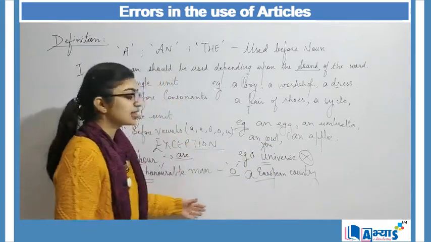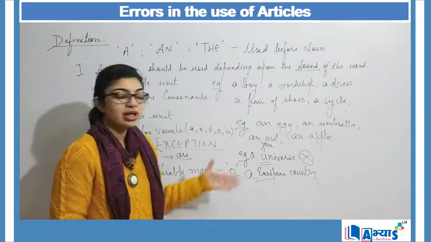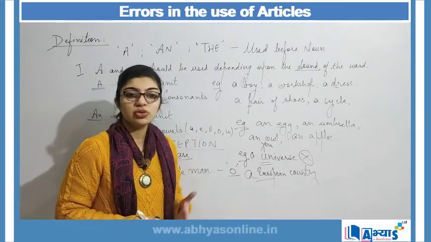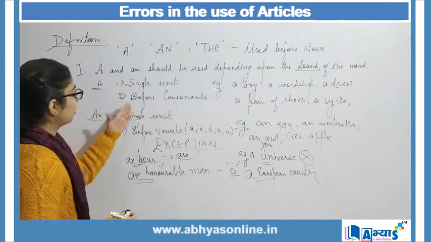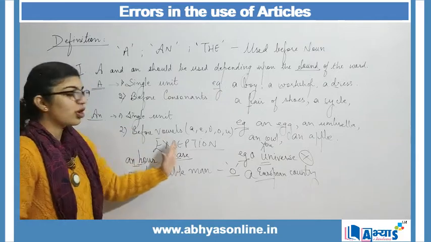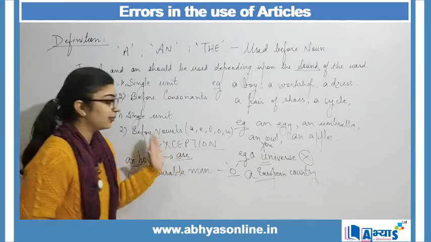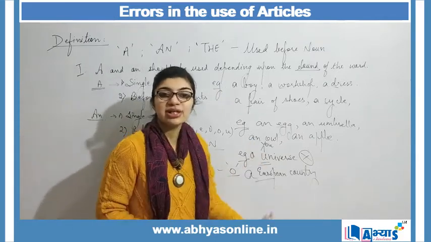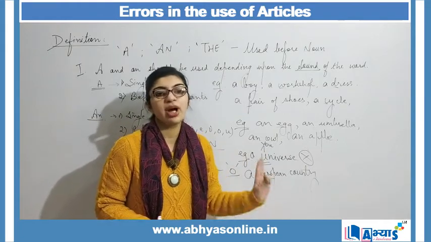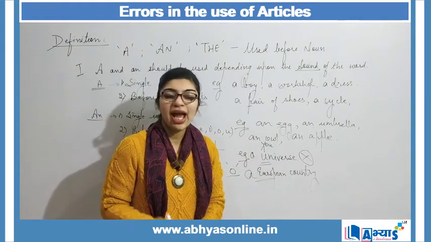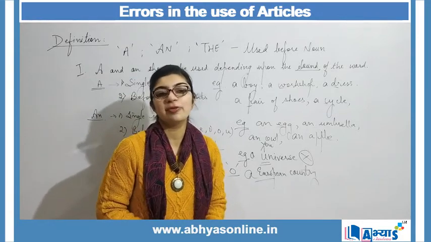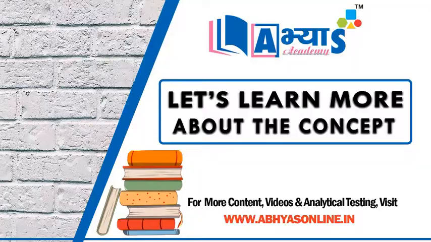So this is the first place where generally people make mistakes, because they are used to the idea that before consonants we make use of article a and before vowels we make use of the article an. But that is wrong. We first have to focus on the sound. If it sounds like a vowel, you have to make use of an, and if it is sounding like a consonant, then we have to place a before that word.